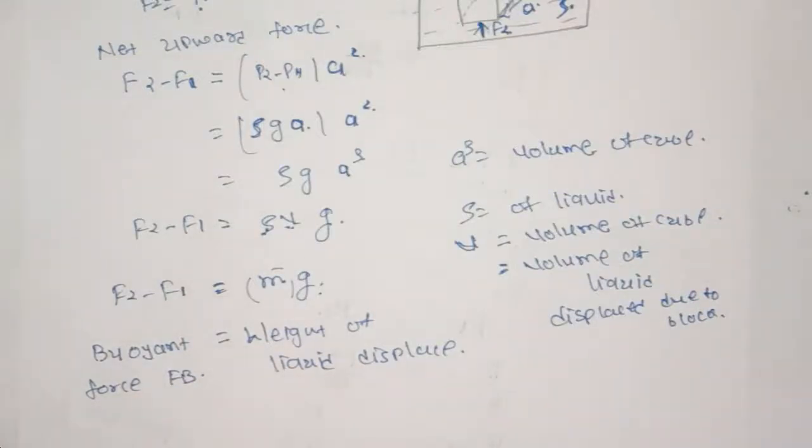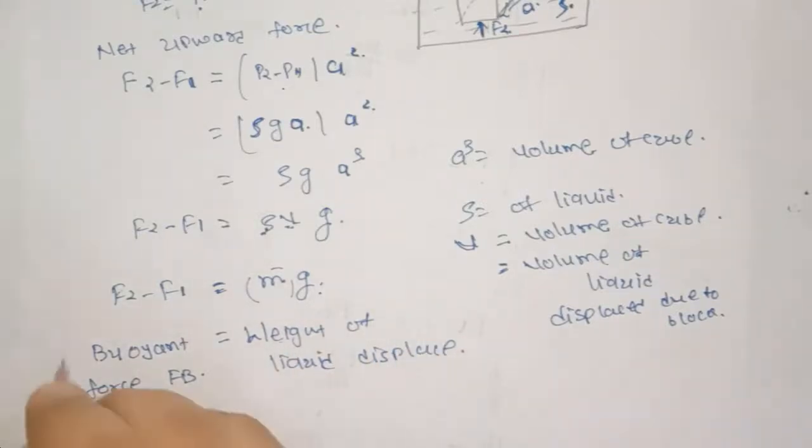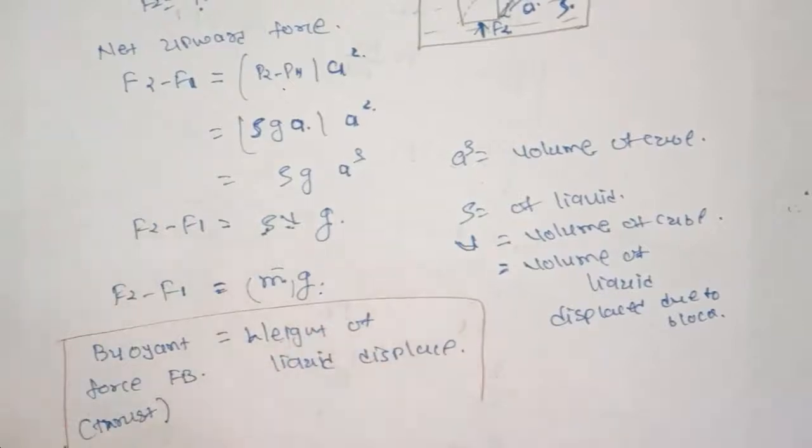So the Archimedes principle says that whenever a body is immersed partially or completely in a fluid, it experiences an upward force that is called thrust because it acts perpendicular to the surface of the object. And that thrust is called buoyant force, which is equal to the weight of the fluid displaced by it.